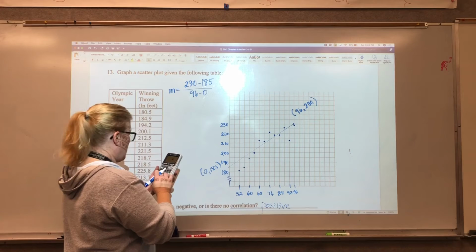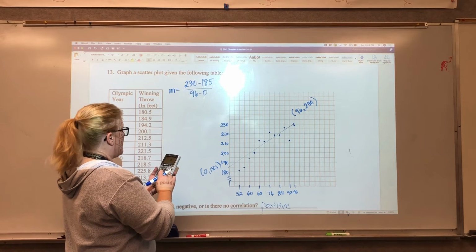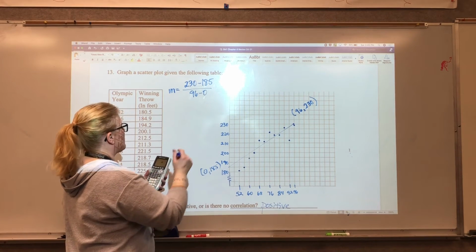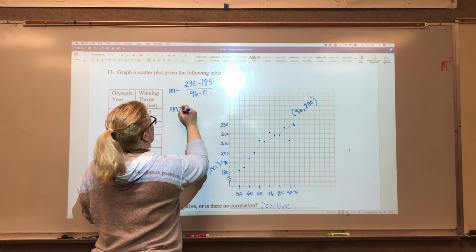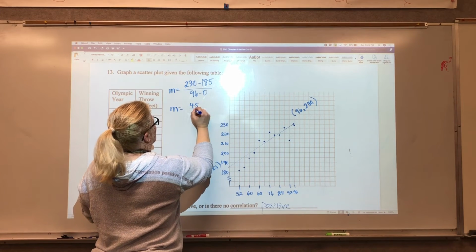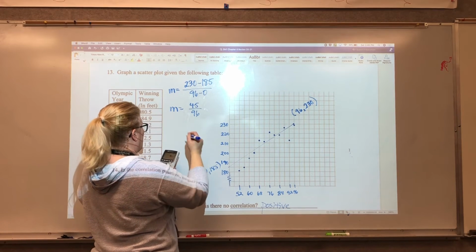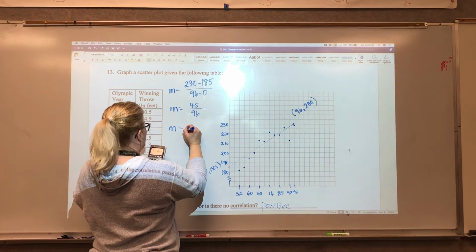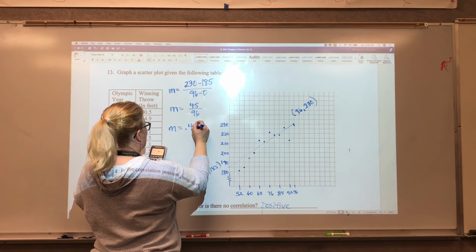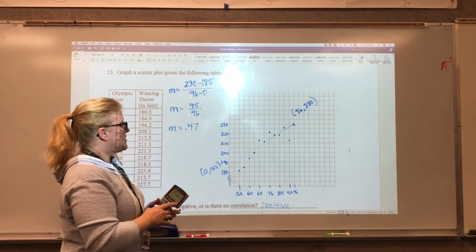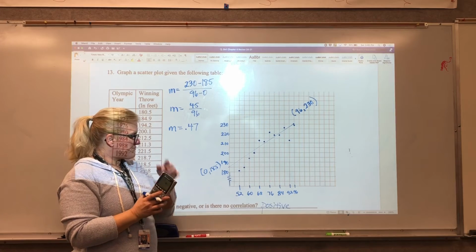Okay, so 230 minus 185 is 45. So we have 45 over 96. So my slope is 0.47 when you round up. Okay, 0.47.